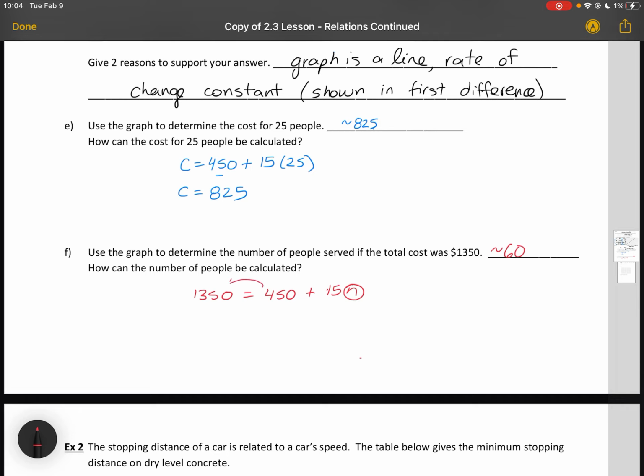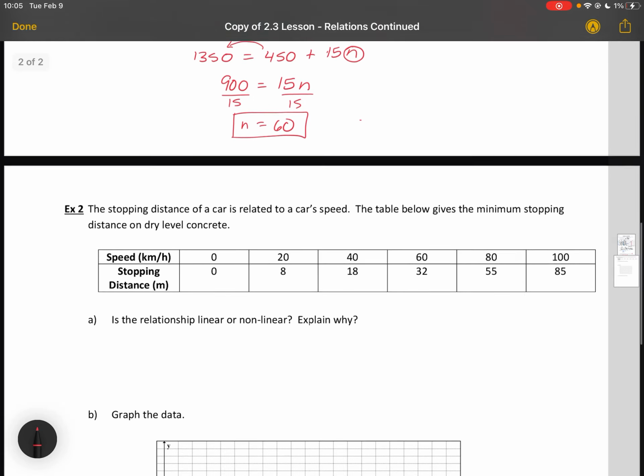So just like when we solved those one-step equations, I am going to move the 450 over and take it away from 1350. So that means that $900 of the cost comes from the people that attended. And to find the number of people, I'm going to divide both sides by 15. So that gives me 60 people. So my graph was actually pretty accurate.